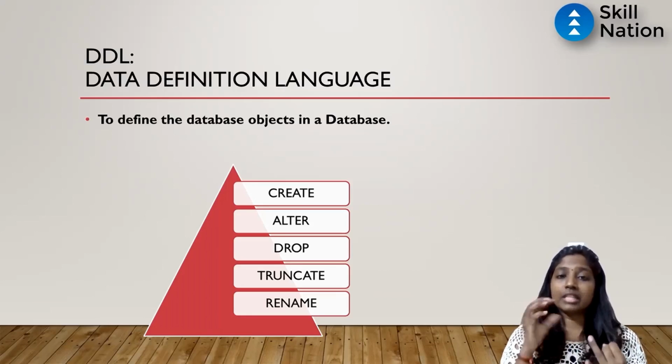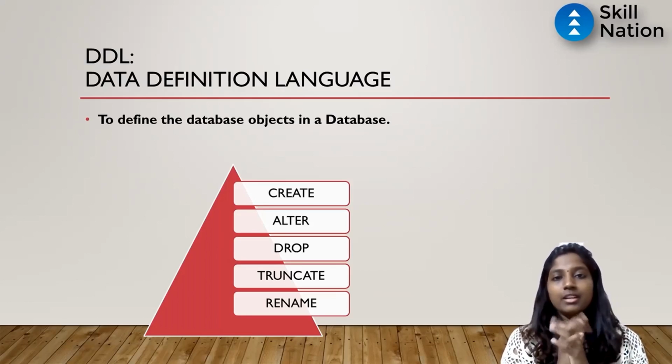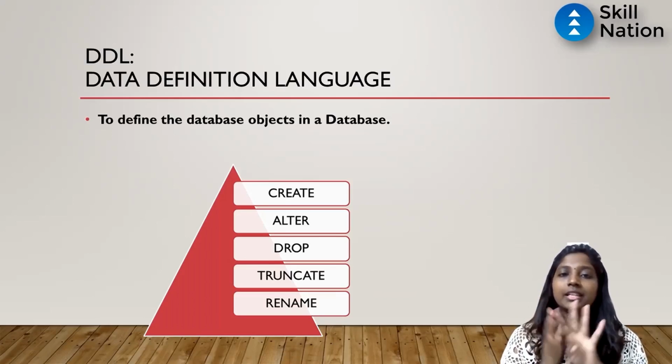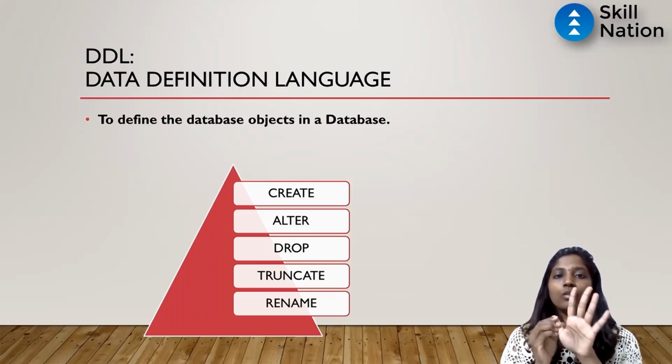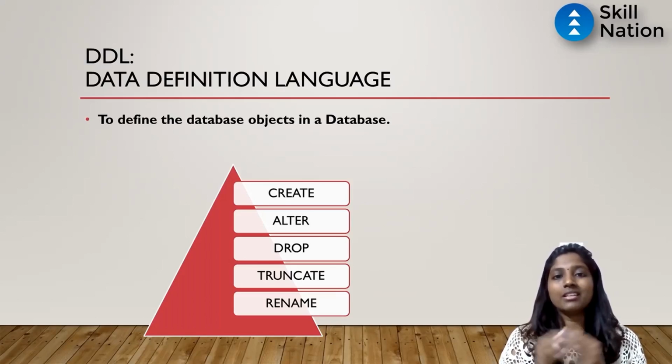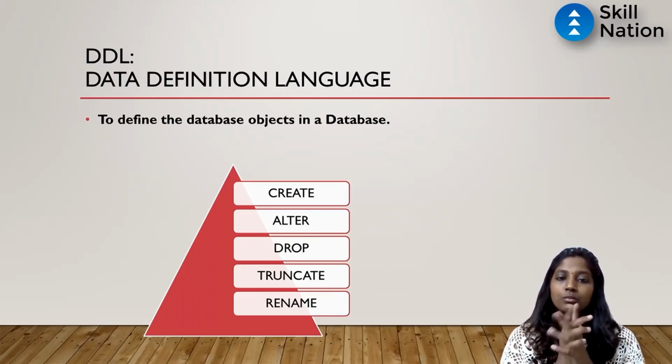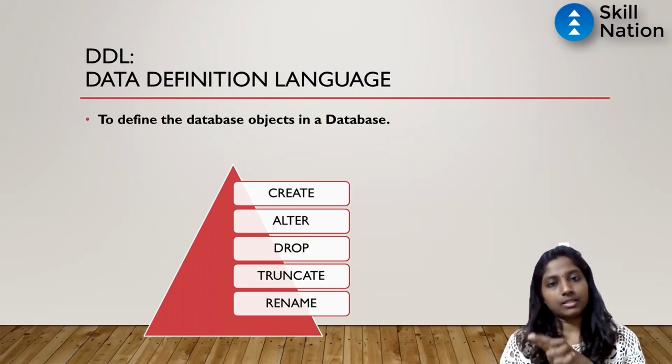Alter is if you have created a database object and you want to alter it. For example, you have created a table and you want to add one more column to the table. Currently, it has only 4 columns and you want to add a fifth column. Then it is kind of altering, like doing a renovation of a house. The same way you are renovating the table, you are altering the table. So for those kinds of changes, you use the alter statement.